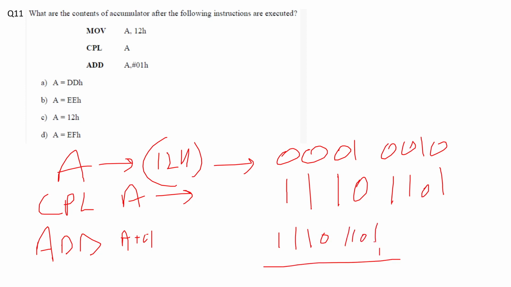So the contents of the accumulator are 11101110. That is 8 plus 4 is 12, 12 plus 2 is 14, and 14 is represented by E in hexadecimal, so EE. I wrote A, took the complement, then added 1 to the complement. So it is EE hex, option B.